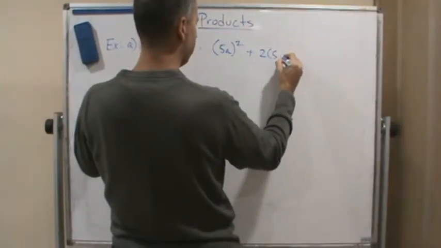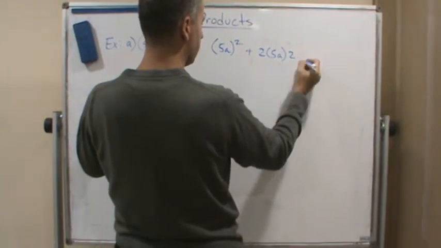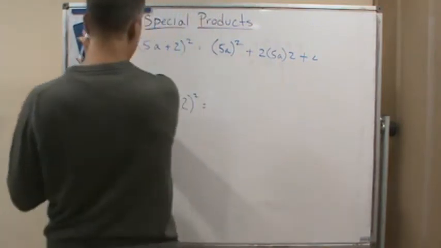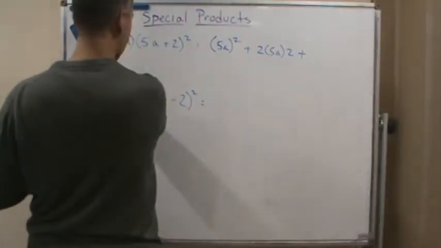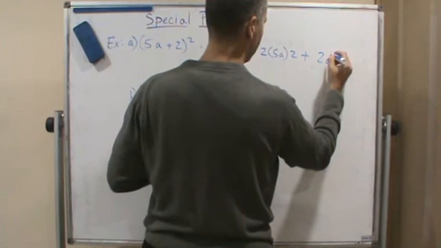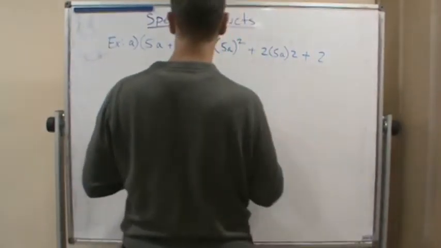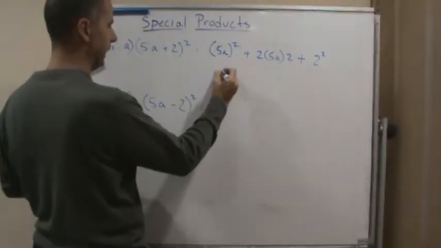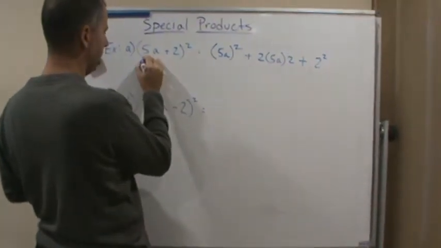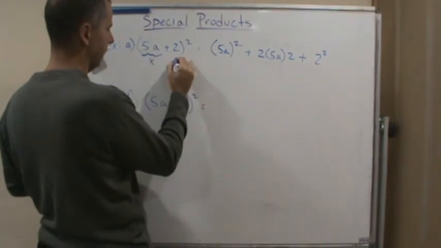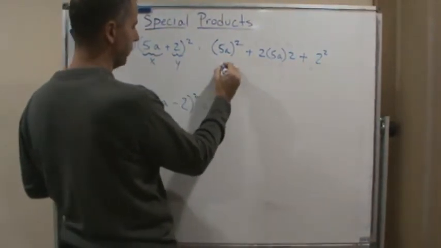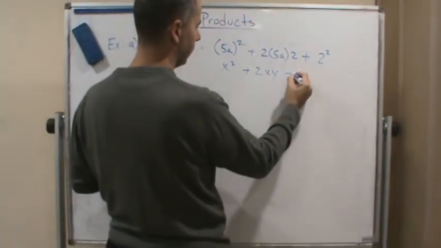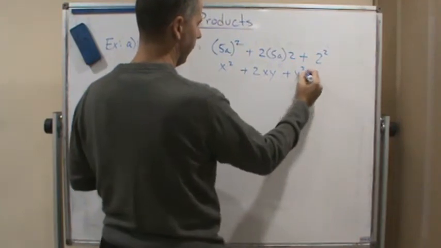So it'd be 5a times 2, right? And then plus 2 squared. Oops, not 2a. 2 squared. Because remember, this is your x and this is your y. And remember, it's x squared plus 2xy plus y squared.